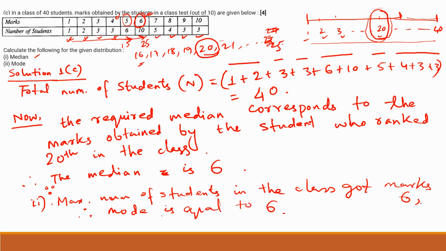You have to explain also why you are doing it. You cannot just write mode equals 6. You have to say since the maximum number of students in the class got mark 6, the mode is equal to 6. Here you are writing that the median corresponds to, you are telling the teacher what a median is, right? It's obtained by the 20th in the class, therefore the median is 6.